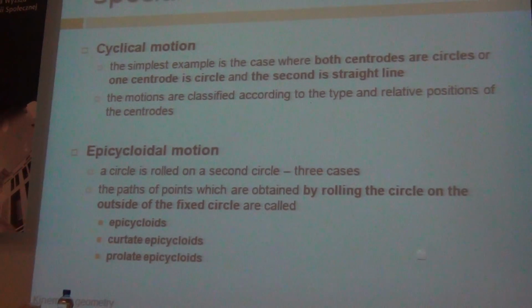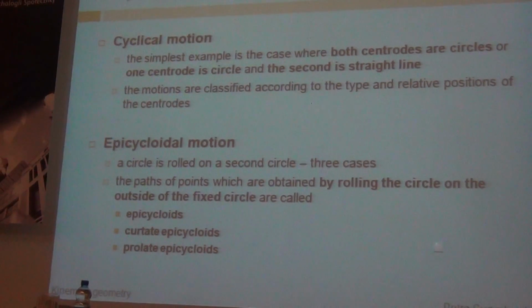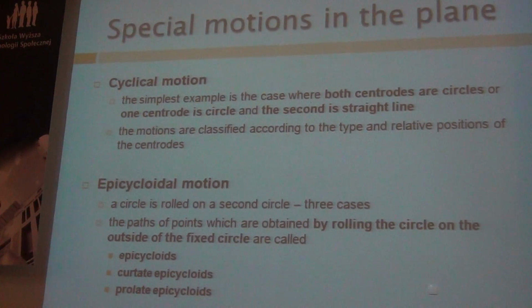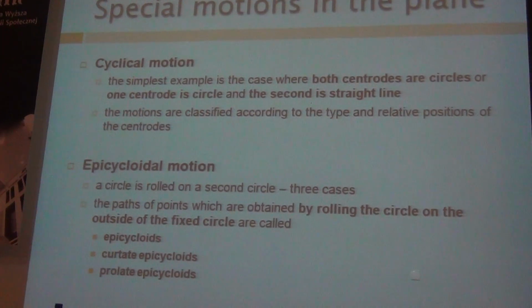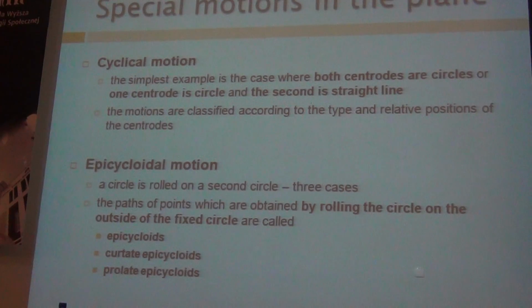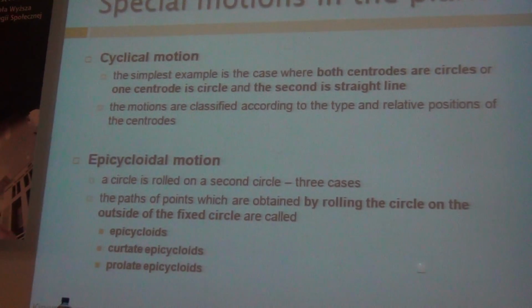Another example, epicycloidal motion. A circle is rolled on a second circle. We have three cases. Epicycloidal motion is obtained by rolling a circle on the outside of the fixed circle. I will show you the example.